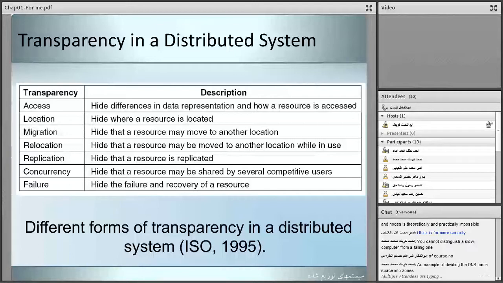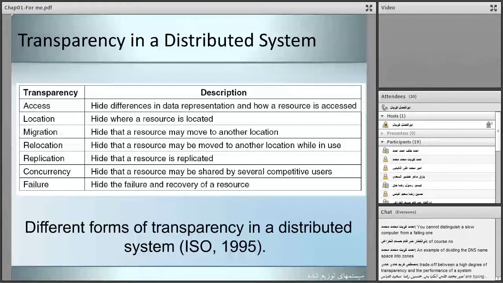Is it a good idea that we have location transparency in distributed systems fully? Please answer my question. What are you saying?